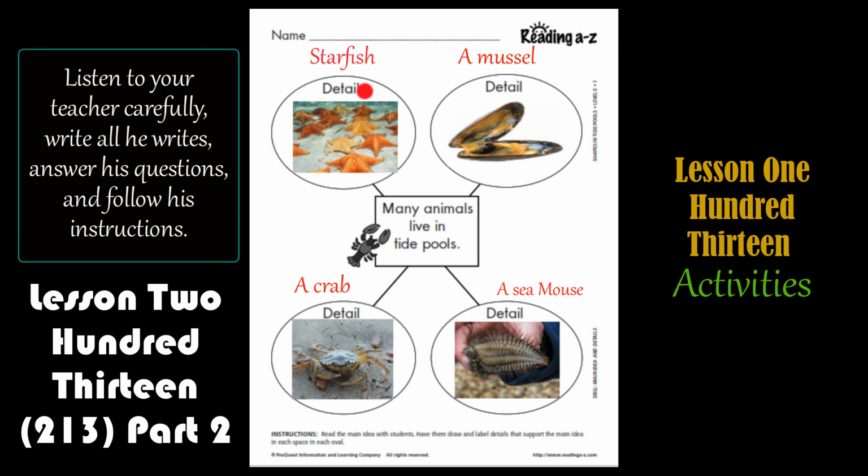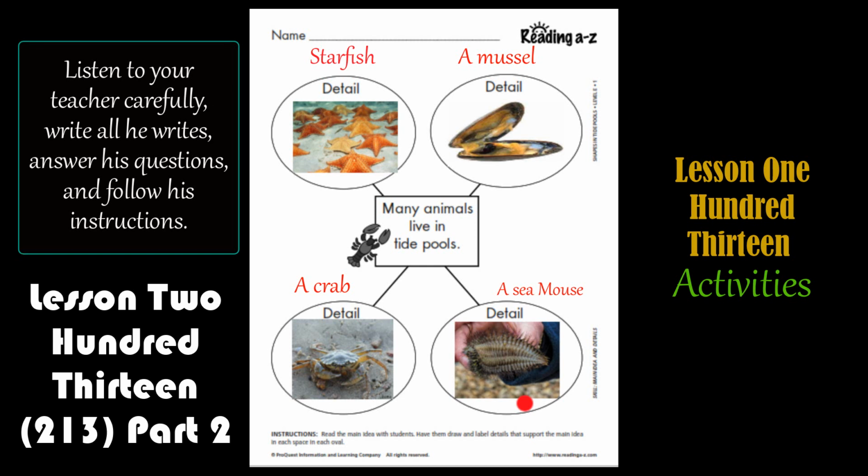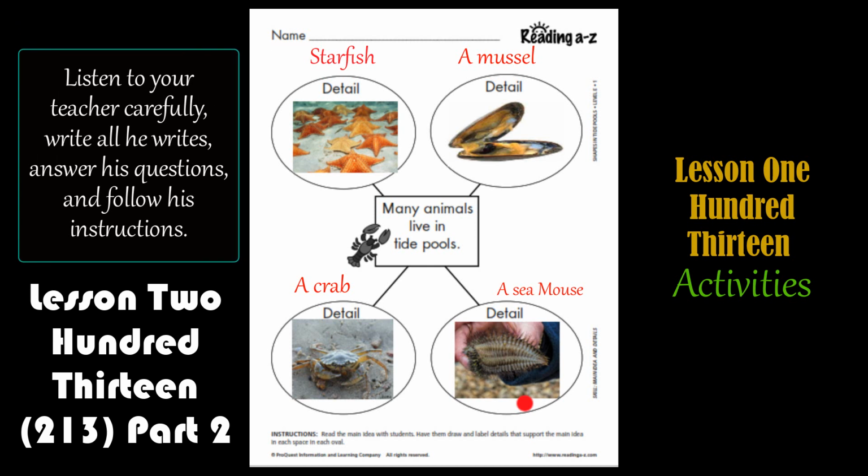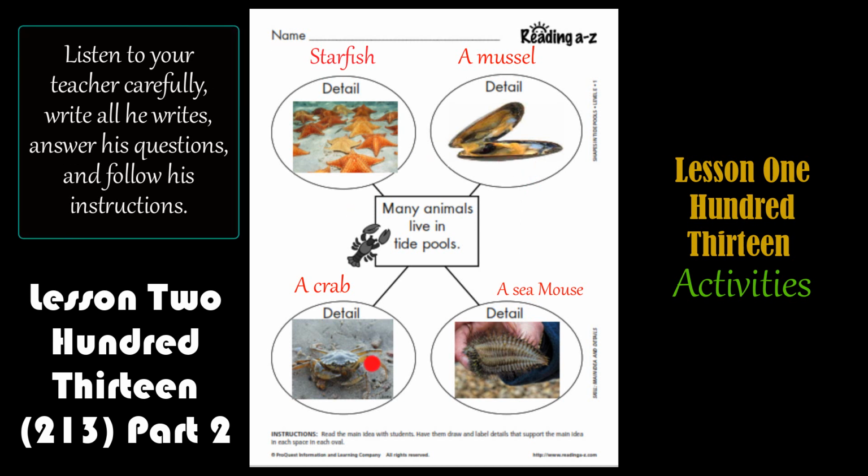The first 3 are included among the animals that we refer to in this lesson, but this is a new one. A sea mouse. A sea mouse lives in tide pools just like mussels, starfish, and crabs.